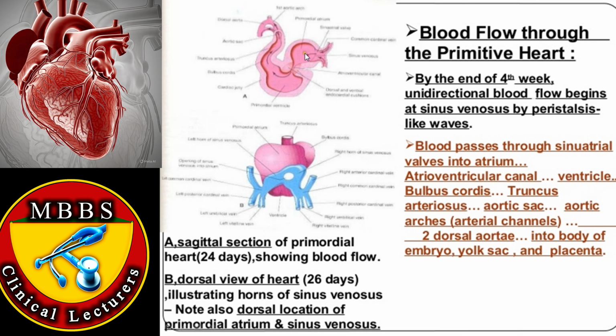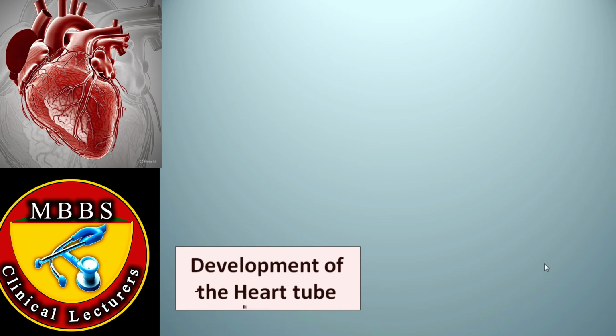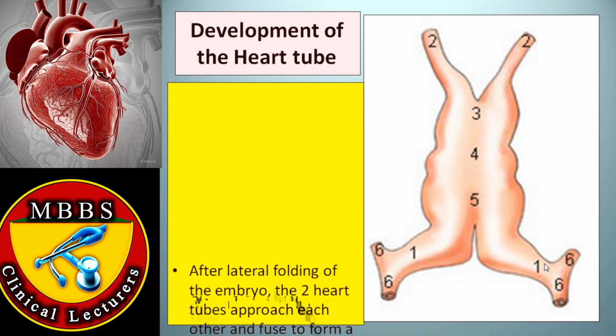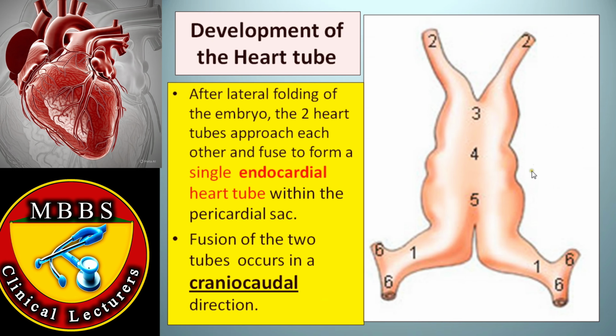It passes the blood from the atria to the ventricle, and from the ventricle to the arterial end, and then it is distributed through the dorsal aorta into the body and the yolk sac, and then carries the deoxygenated blood and waste products back to the placenta.